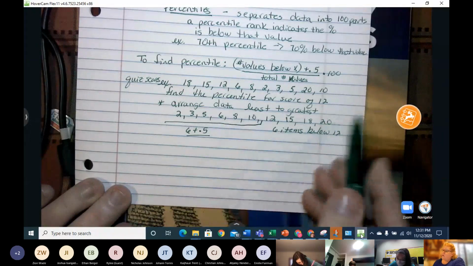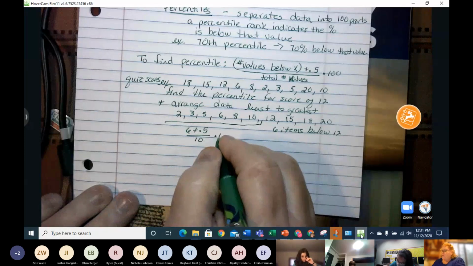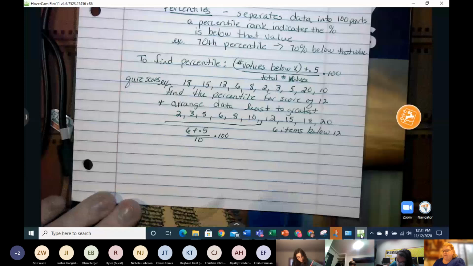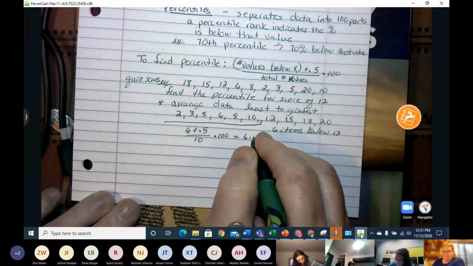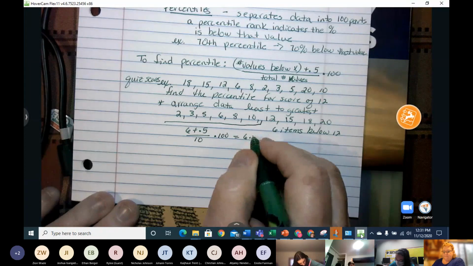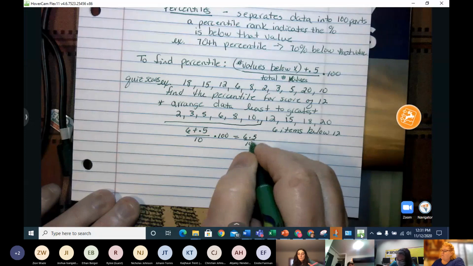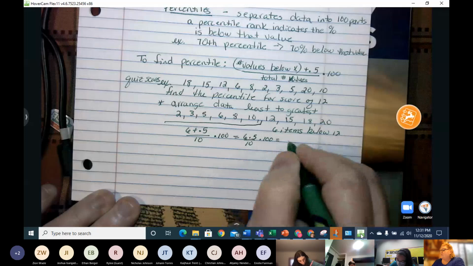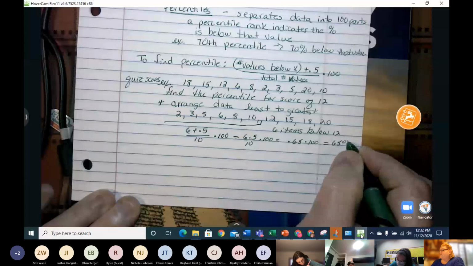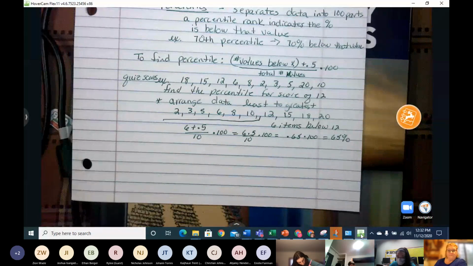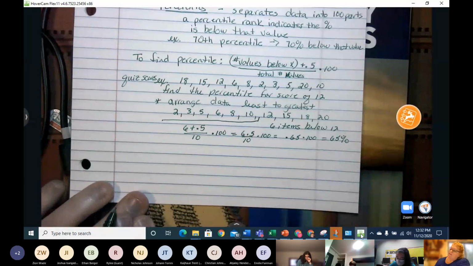There is a total of 10 items in our data values. And we're going to multiply times 100. And so we get 6.5 divided by 10 times 100, which is 0.65 times 100, which is 65%. So 12 is at the 65% range.